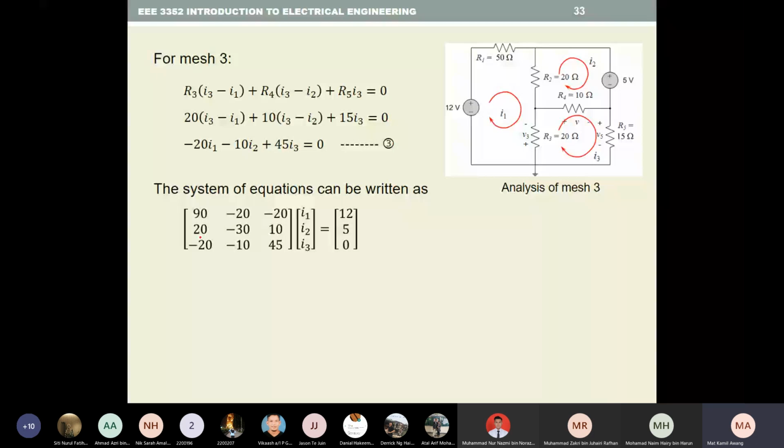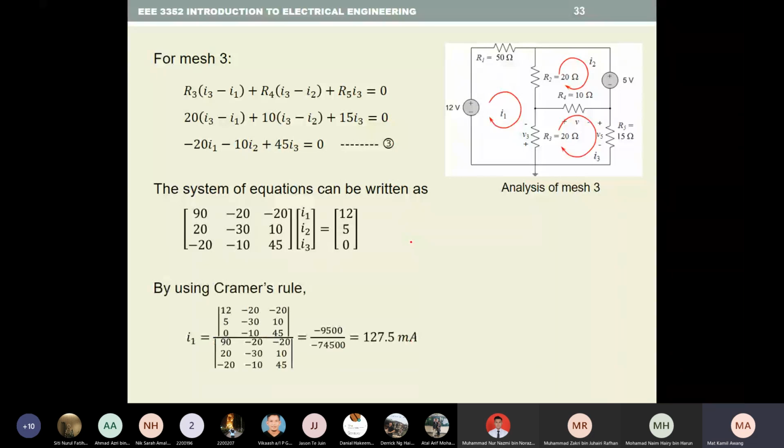The second equation was 20 I1 minus 30 I2 plus 10 I3 equal to 5. And the third equation is minus 20 I1 minus 10 I2 plus 45 I3 equal to 0. So this is the system of equations that you have, a 3 by 3 matrix for simultaneous equation. And you use Cramer's rule.